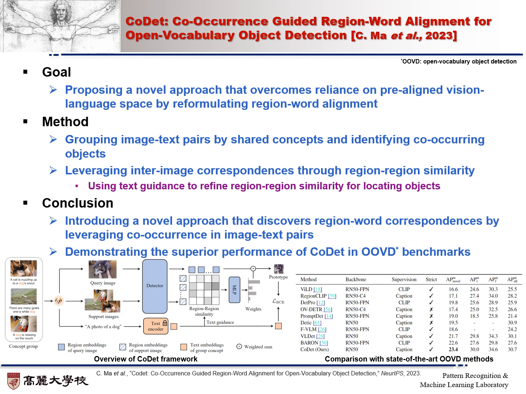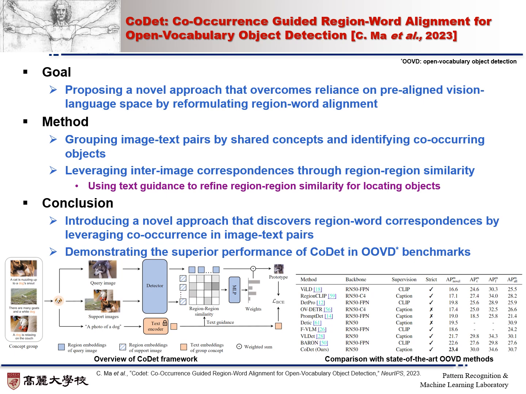After that, they calculate the weighted sum of region embeddings to form a prototype, and then proceed with training using binary cross entropy loss. Through this process, they formed an alignment between regions and words, which significantly improved the detection performance on various benchmark tests.